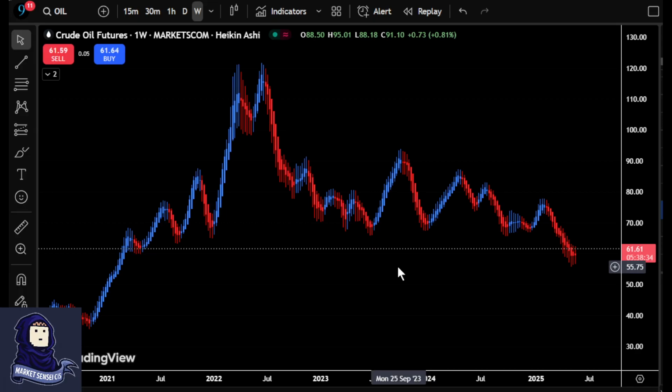There are quite a few, but the one I prefer to use is a moving average. You can use a simple moving average or even an exponential. It doesn't really matter. But price action, you need to know about price action. It's very important.